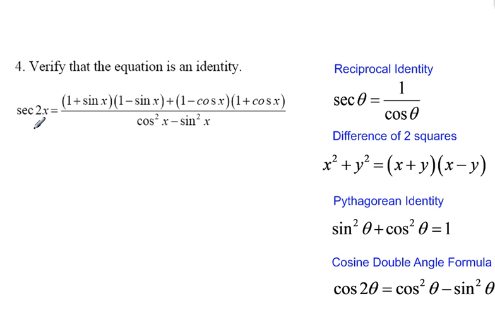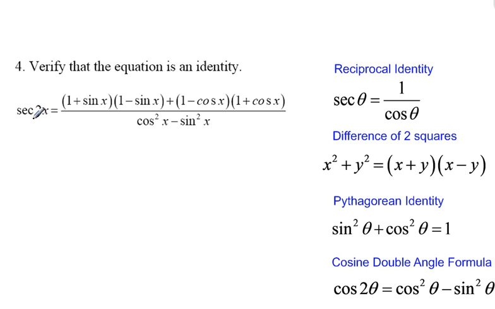It says secant of 2x equals, in parentheses, 1 plus sine x times 1 minus sine x plus 1 minus cosine x times 1 plus cosine x, all of this over cosine squared x minus sine squared x. It's important to note that what we're trying to do is break down the more complicated side so that it winds up looking like the simpler side. And the simpler side in this case is definitely the secant of 2x.